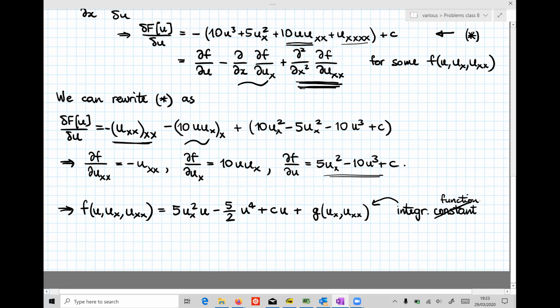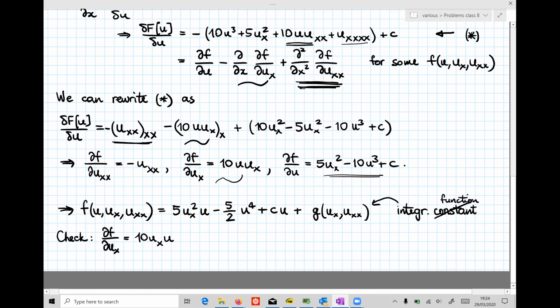Okay, so now let's compare with the other two equations. Let's first look at the partial of f with respect to ux. From the expression that we just wrote, we get 10 ux times u.